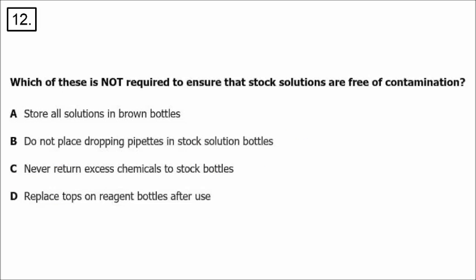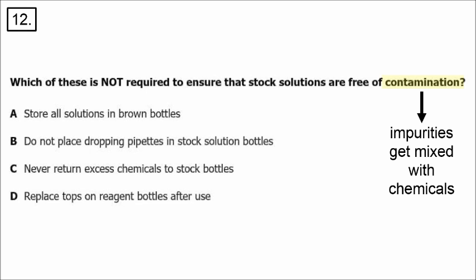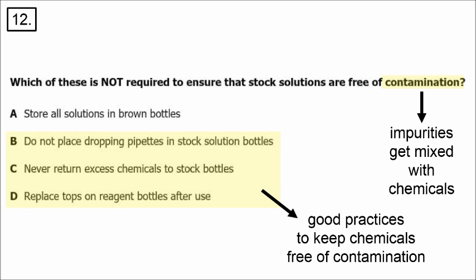Number 12, which of these is not required to ensure that stock solutions are free of contamination? Now, contamination is when impurities get mixed with the chemicals. So 3 of these are good practices to prevent contamination. One of these is not necessary. So placing dropping pipettes in stock solution bottles might cause contamination.